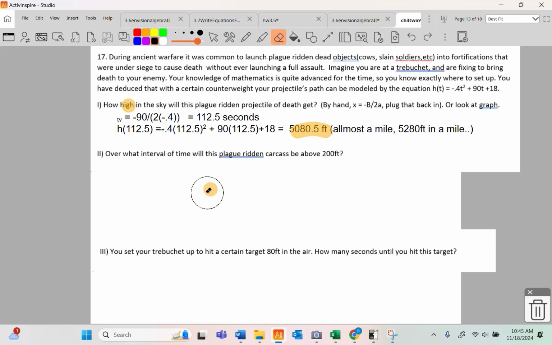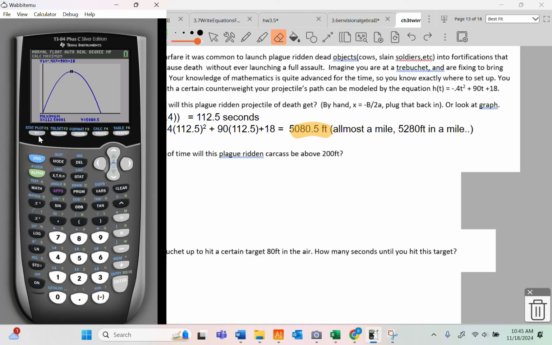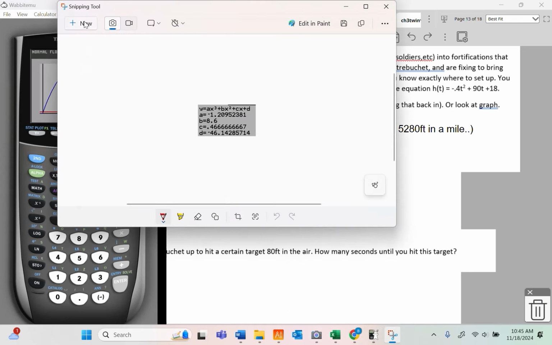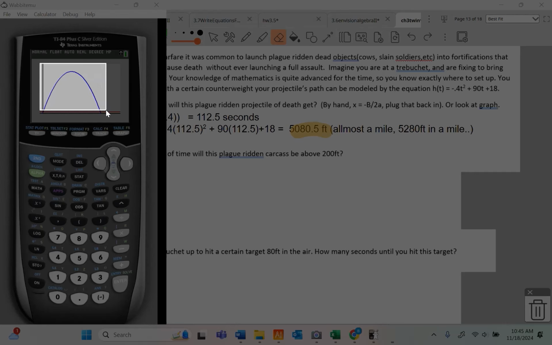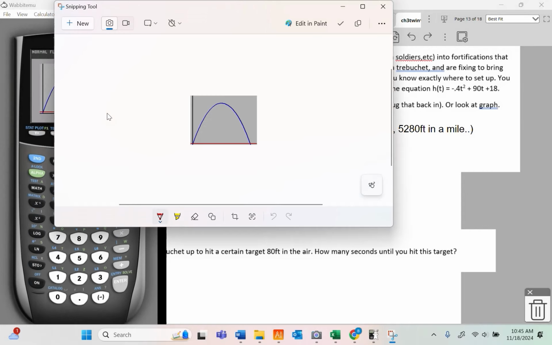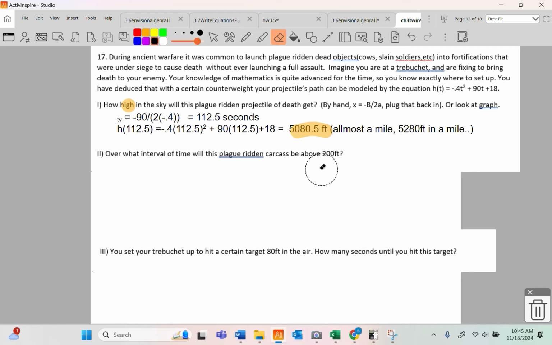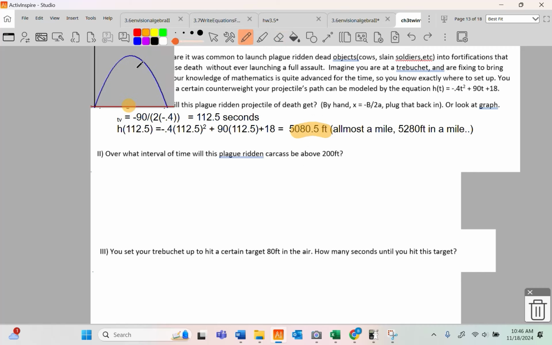All right, over what interval of time will the plague-ridden object be above 200 feet? This is meant to be done in a calculator, but you're going to have to put a 200 in Y2. And let me steal this so I can highlight it. Most of its path is above 200 feet. Most of the time it spends is above 200 feet.